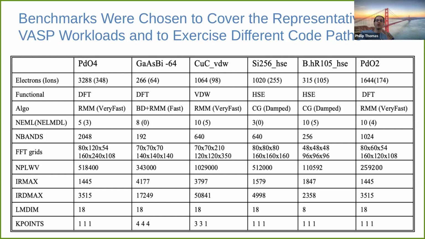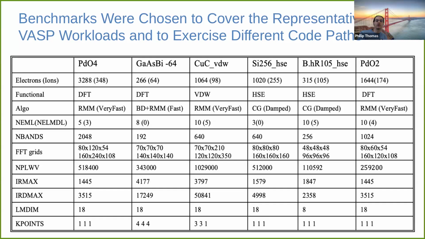Also, PD04 and PD02 are the same type of workloads, and they only differ in size. The Silicon 256 HSE system and BHR105 HSE are doing the same kind of HSE hybrid functional calculation, but they're just using different sizes and elements.